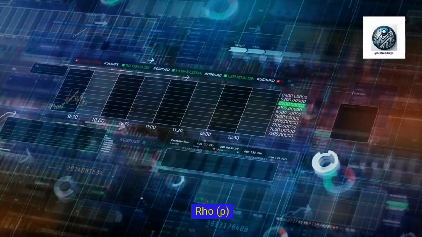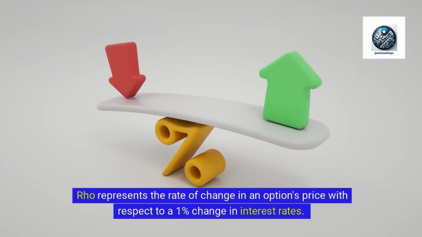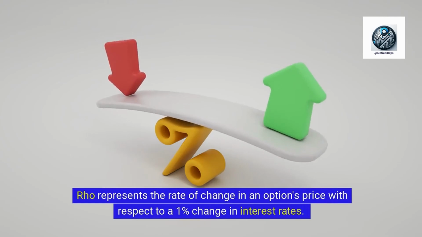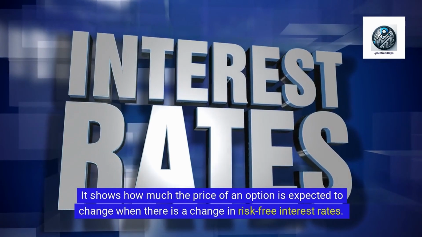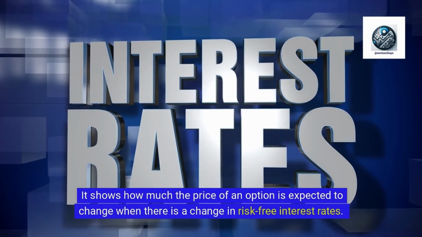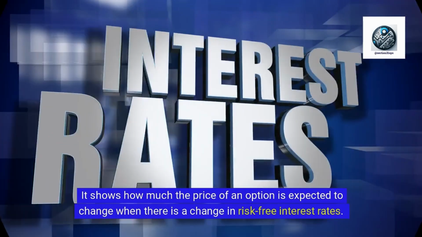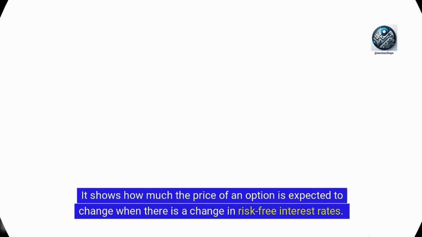Next up, we have rho. Rho represents the rate of change in an option's price with respect to a 1% change in interest rates. It shows how much the price of an option is expected to change when there is a change in the risk-free interest rate.